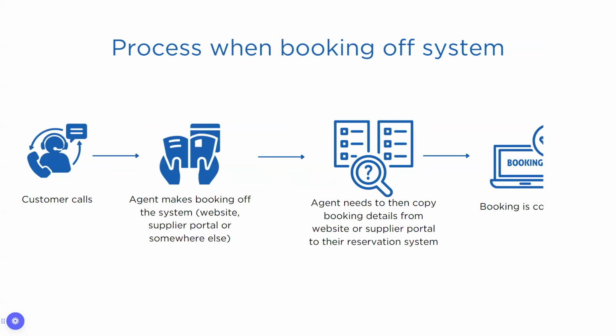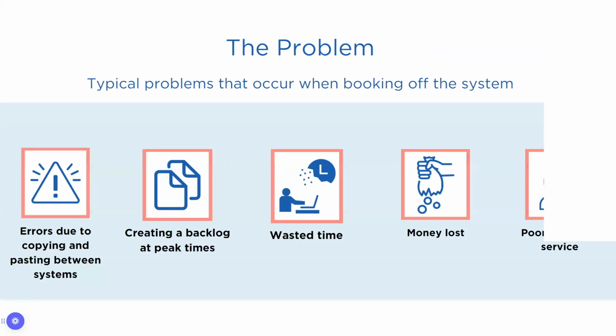So let's use Jet2 as an example. The agent is booking on Jet2's website, but they need that detail and data to also sit on their internal reservation system. Obviously, this causes a lot of pain. Copying and pasting the details can take quite a lot of time.